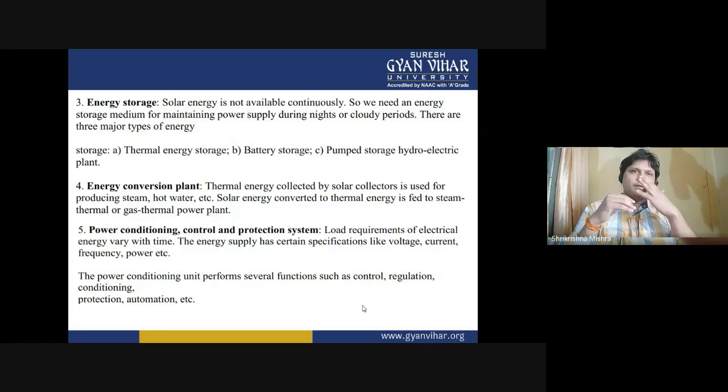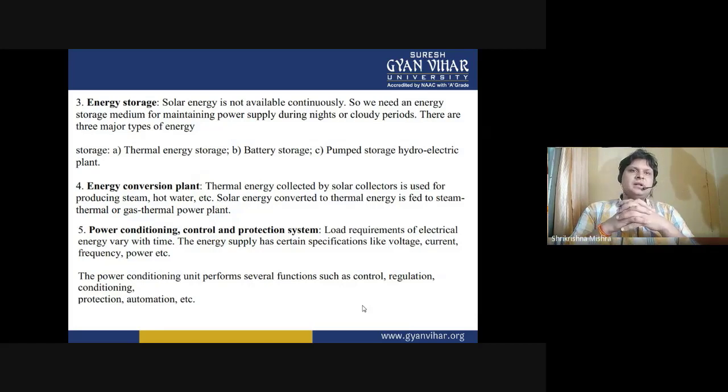So you have to use energy storage devices. There are majorly three types of energy storage devices: one is thermal energy storage, second is battery storage, third is the pumped storage hydroelectric plant.